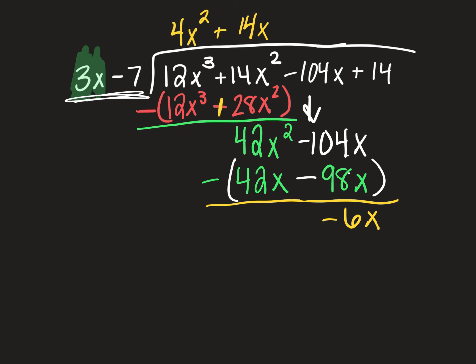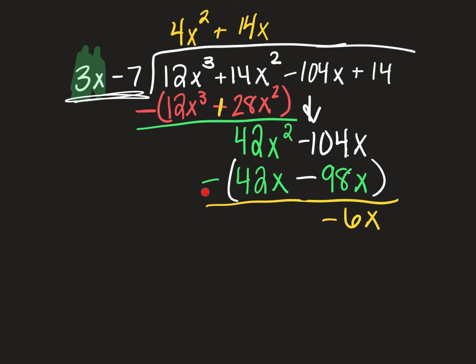You are subtracting this entire polynomial, which means technically you're changing the signs inside. So this becomes a negative 42 and this becomes a positive 98.